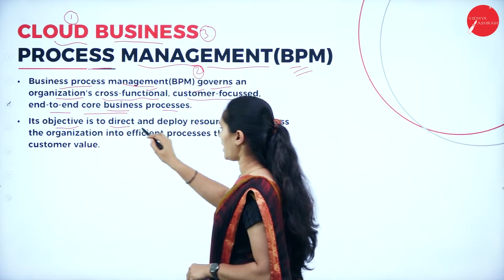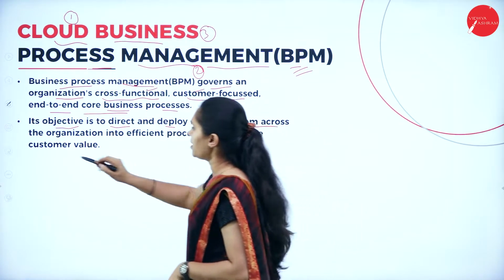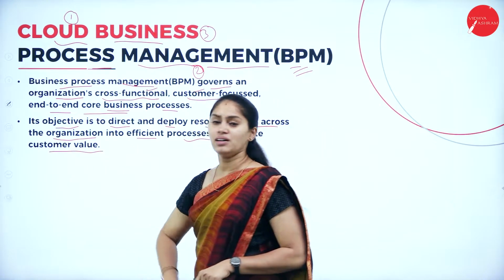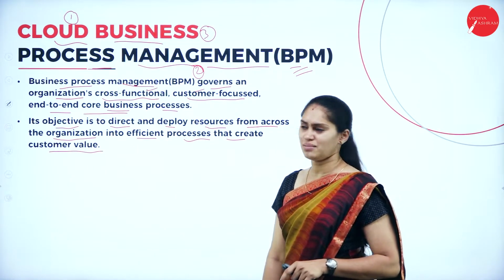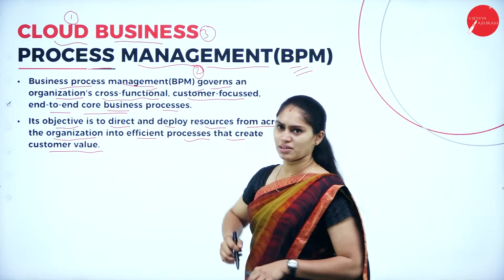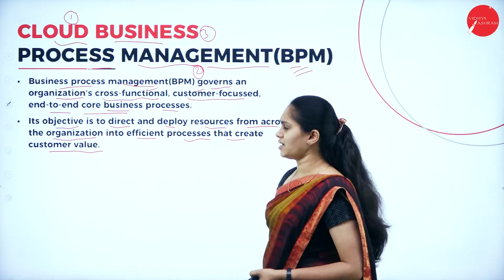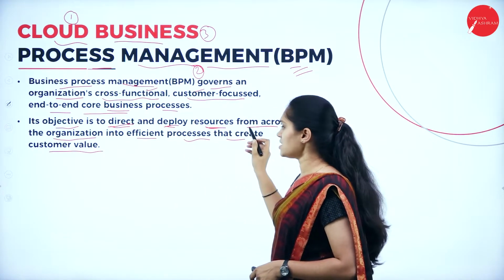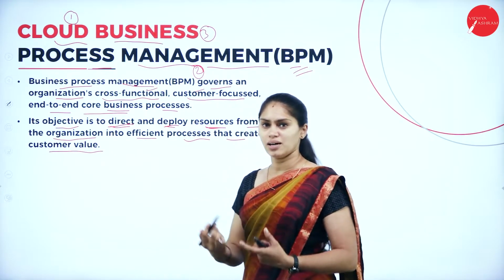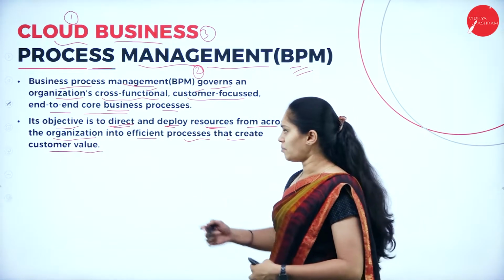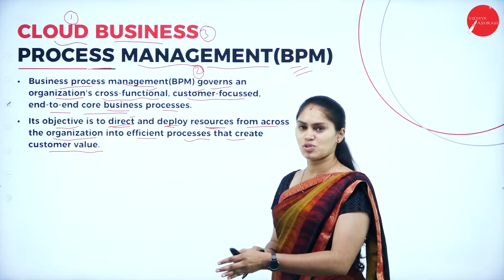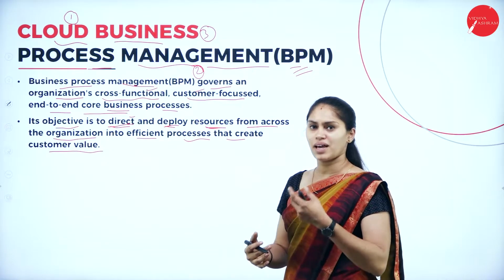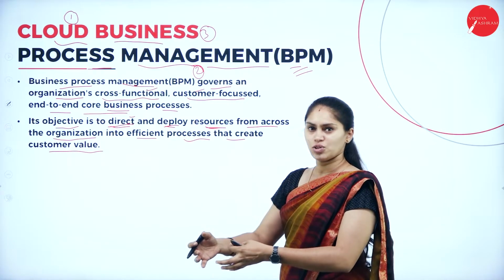Its objective is to direct and deploy the resources from across the organization into efficient processes that create customer value. At last, we have to value the customer. If the BPM is customer centric, then it has to direct and deploy the resources from the organizational point of view. That means it has to direct what it is supposed to be and how, and help deploy it, bringing that model into the user experience.